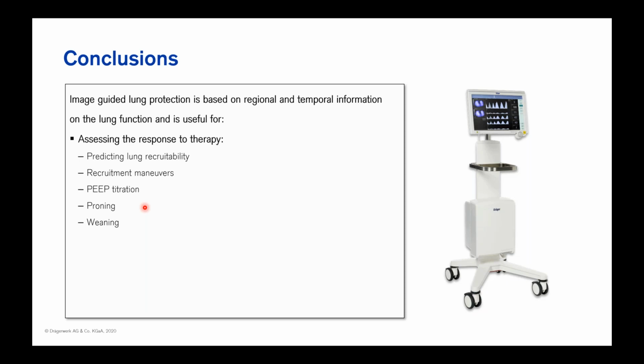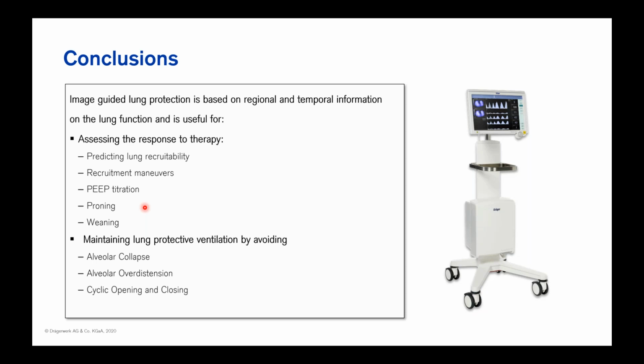There are many other applications during therapeutic interventions where this type of regional ventilation monitoring might be useful. And so it can very nicely be used to maintain lung protective ventilation by avoiding alveolar collapse, alveolar overdistension, or cycling opening and closing.